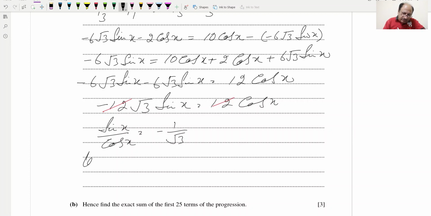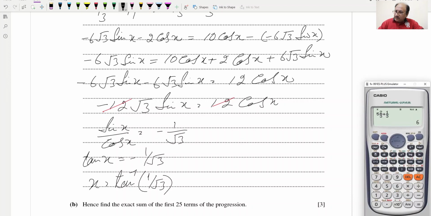So this implies tan x is equal to minus 1 over under root 3, and x will be equal to tan inverse of 1 over under root 3, and we can find the value of tan inverse of 1 over root 3, and this will be resulting to 30 degree, or if you watch in reading mode, this will be equal to pi by 6.